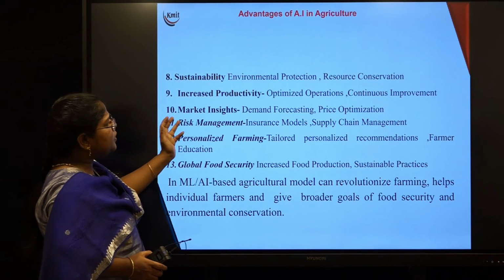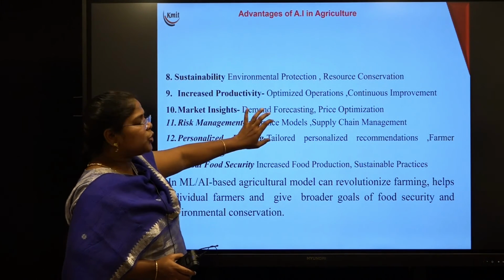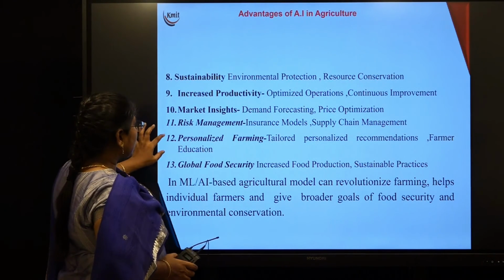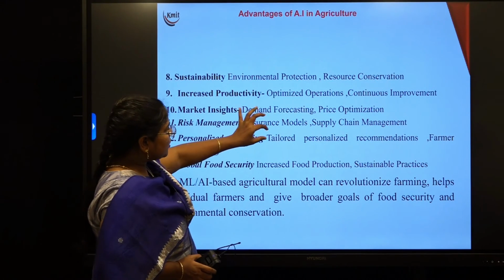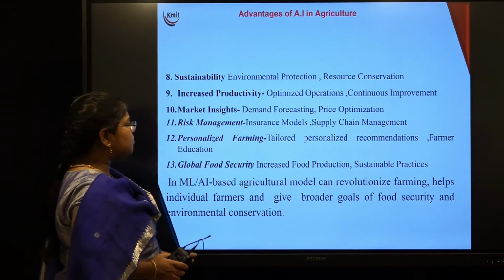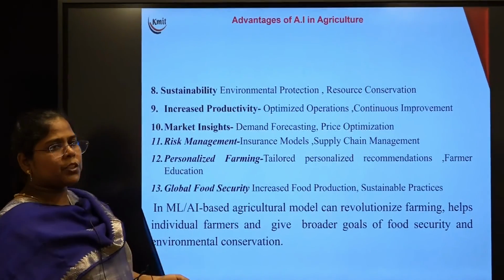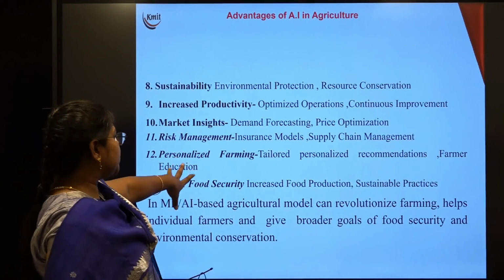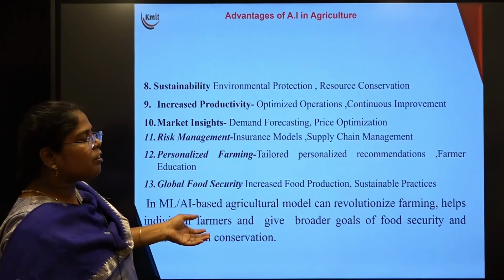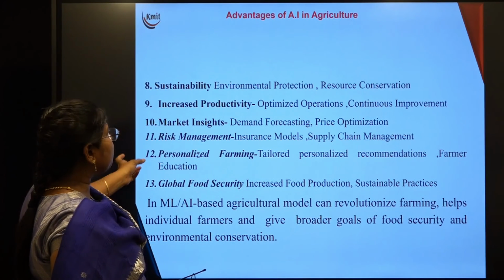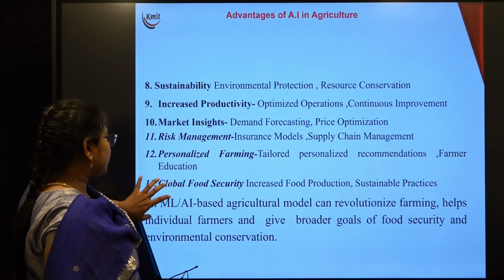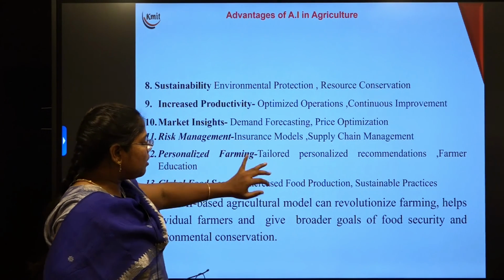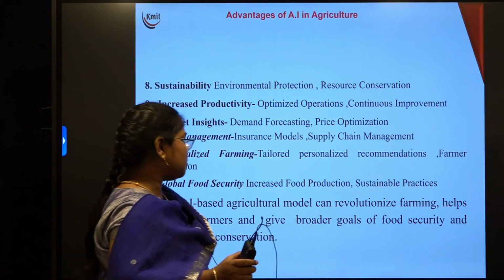Risk management: in risk management we ensure there are insurance models or supply chain systems. Personalized farming, with tailored personal recommendation systems. Once we develop a website for agriculture systems, we need to create a personalized recommendation system, or to educate the farmers, we develop predictive systems. Global food security: increasing food production and sustainable practices.